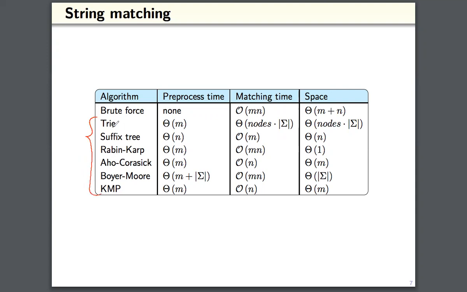See, trie is a complicated data structure that uses a tree. A suffix tree builds on top of trie. Rabin-Karp algorithm is another beautiful algorithm that uses hashing. Aho-Corasick algorithm uses finite automata. Boyer-Moore and KMP algorithms use some beautiful ideas of their own, right?